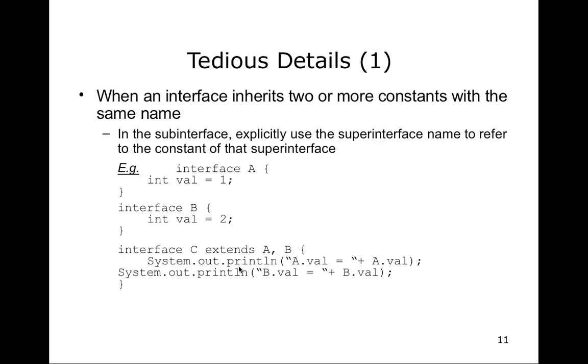It's hidden, it's still there. You can still use the value that came from interface A and the one from interface B, and interface C extends A and B. Well, which one are you talking about? Well, you can say A.value versus B.value. You can still reference it by its type, which is the same thing you can do with hidden variables of inherited objects as well.